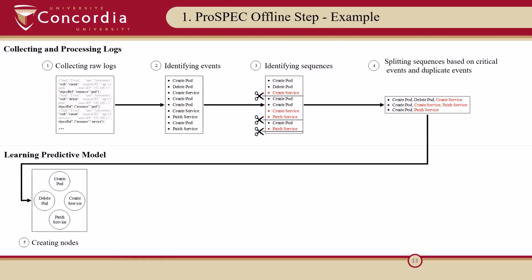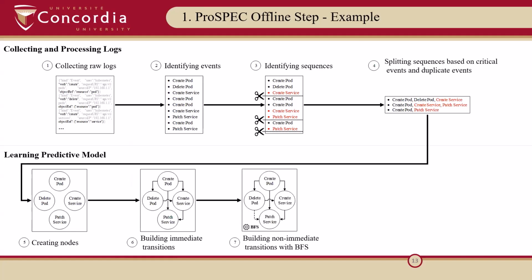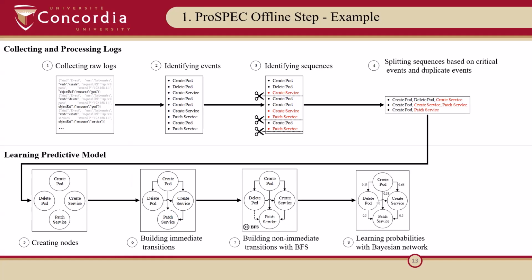Now that we have sequences, we can create the main nodes of our predictive model. We build the immediate transitions between the different events. We use BFS to also build the non-immediate transitions in order to make sure that we don't miss any event. And we learn the probabilities of such event transitions using a Bayesian network.